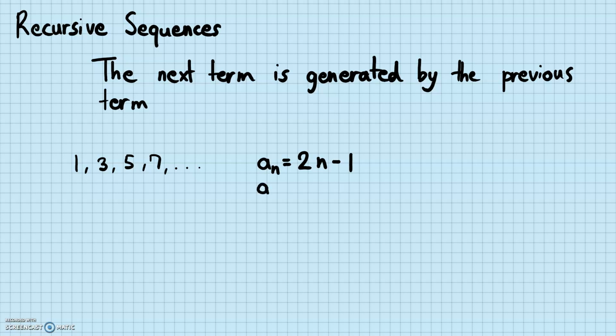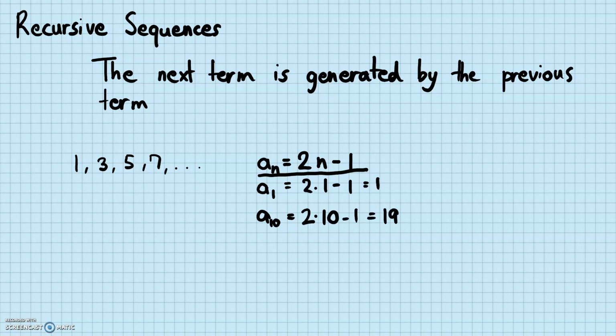So to get the first term, we just needed to plug 1 for n, and that would be 2 times 1 minus 1, which equals 1. To get the 10th term, we can just find the 10th term using this algorithm here. So that's going to be 2 times 10 minus 1, which is going to be 19.